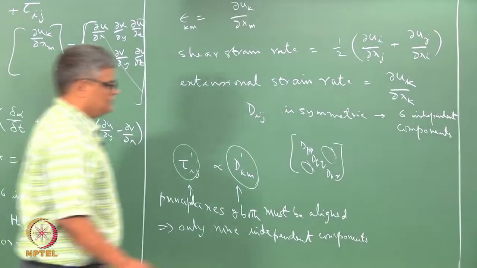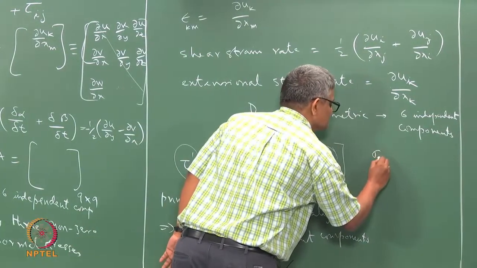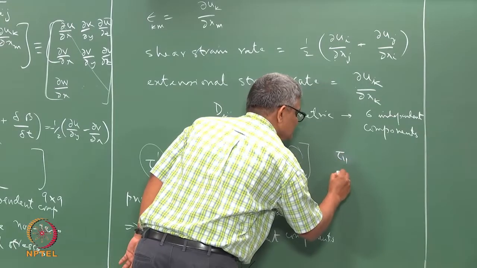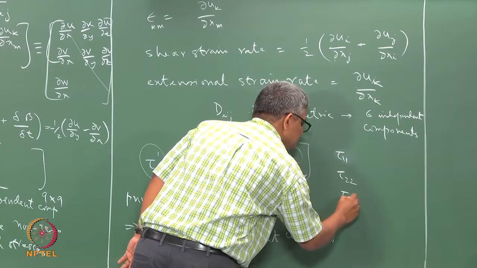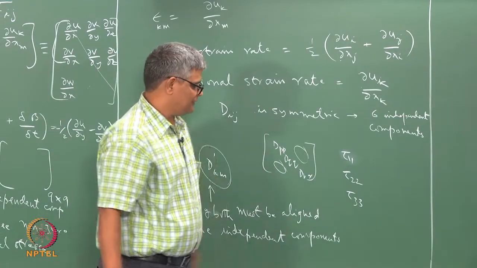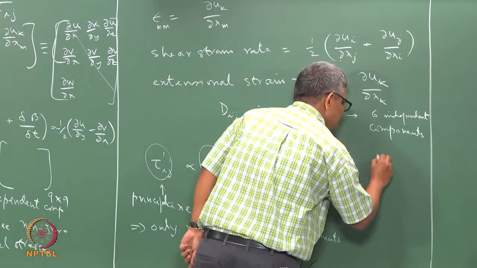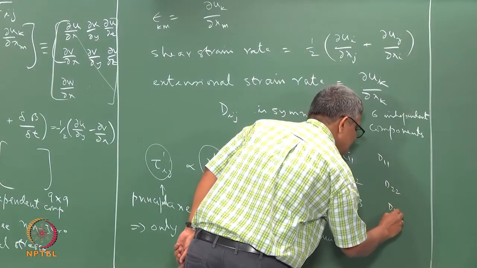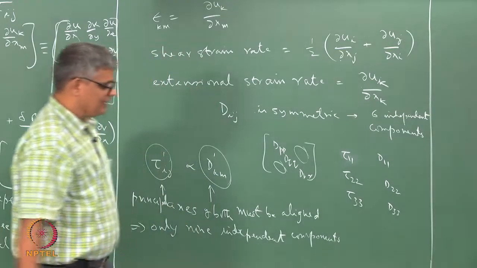And what are these 9 independent components? We can put these as tau 11, tau 22, tau 33, because only diagonal terms are there, and similarly d11, d22 and d33. Okay.